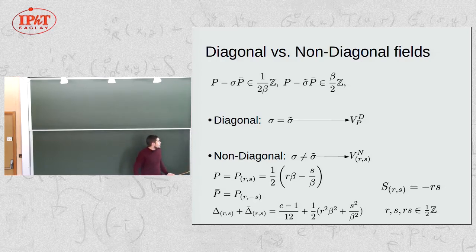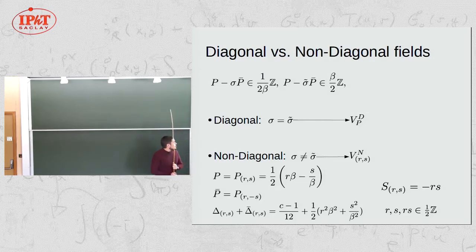These fields will have a conformal dimension given by this expression over here below, and their spin is given by the product of the two numbers r and s. In particular, the half integer spin condition will force this product to be itself a half integer, and also each of the numbers r and s should be itself a half integer because of this 1/2 factor we find here.